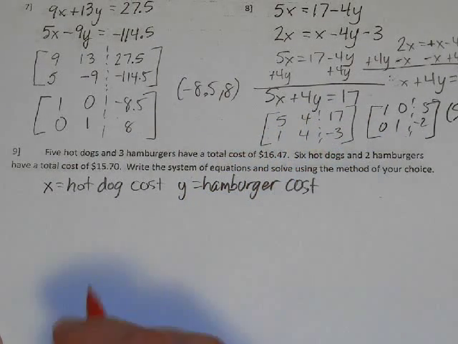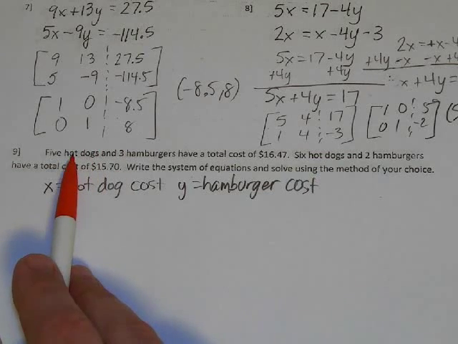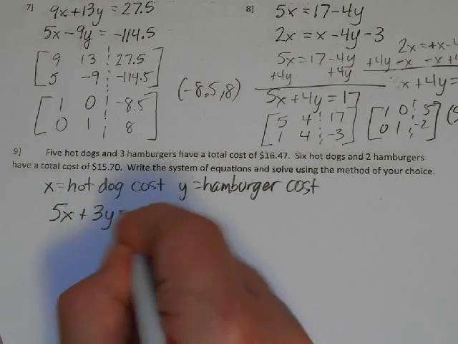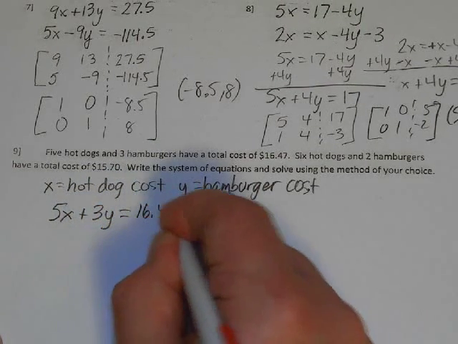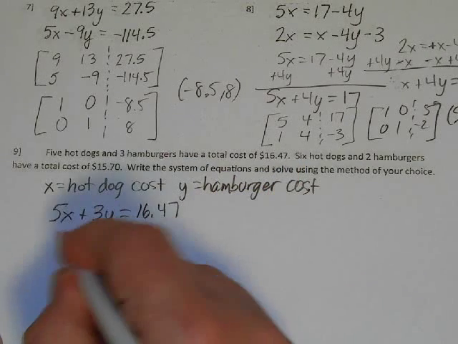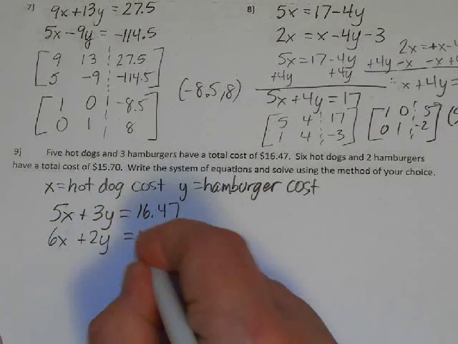So the first sentence could be rewritten as an equation. 5x plus 3y equals 16.47. And then the next equation, 6 hot dogs, so 6x, plus 2 hamburgers equals $15.70.